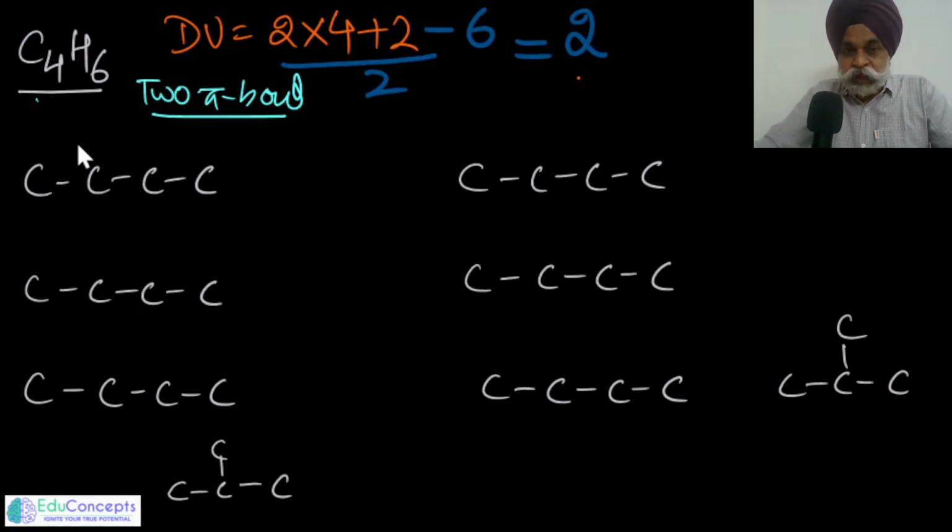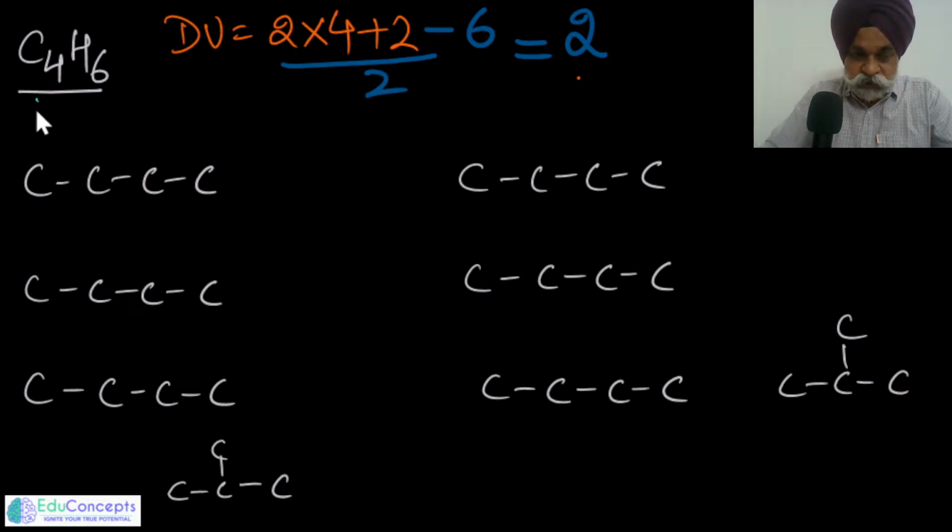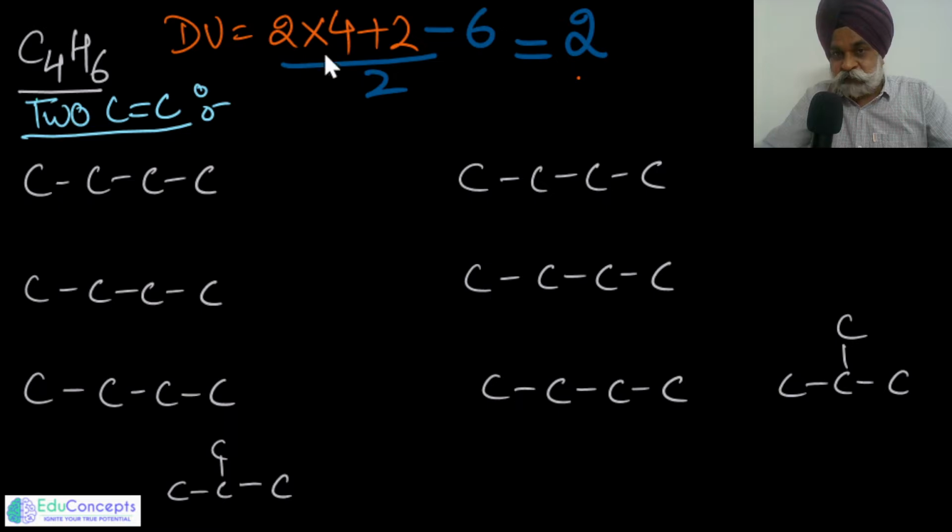Here it is. If I talk of 2 carbon-carbon double bonds, then the degree of unsaturation is 2. 2 double bonds can be generated like this, or can be generated like this. If I generate it like this, this is 1 2 3 4, and 1 and 2 having 2 double bonds, they are one and the same thing.